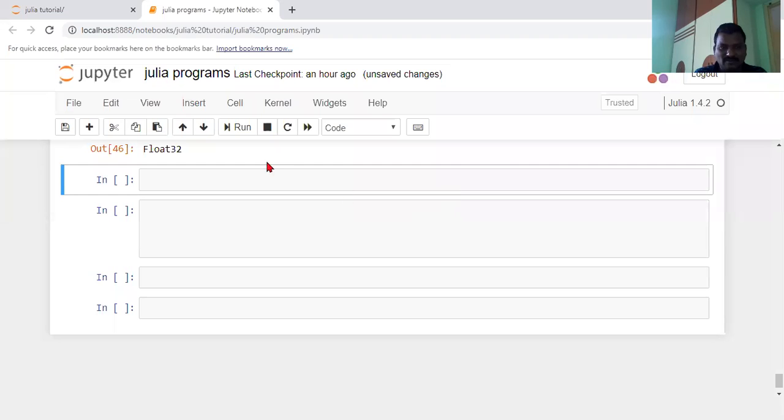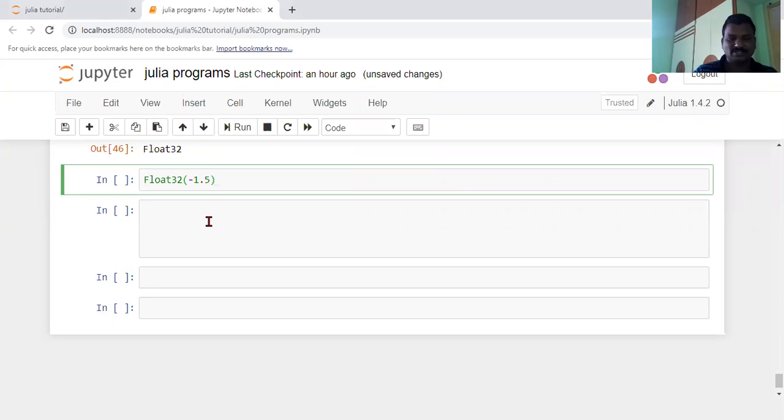What are the ways of converting? You can convert easily. For example, you have a float system, you have a float 32. Float 32 is a function. By using that function, any 64 floating number is converted into a 32 bit system.